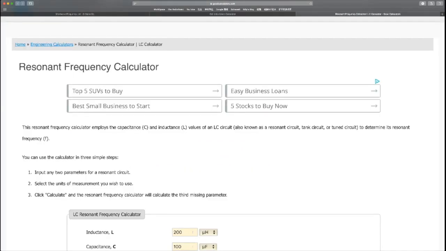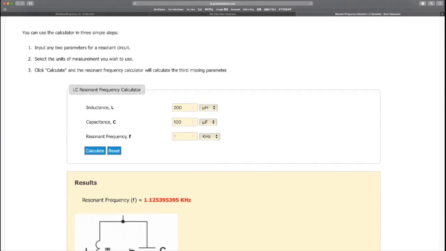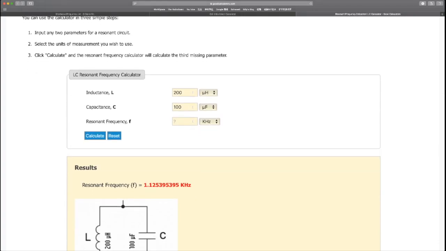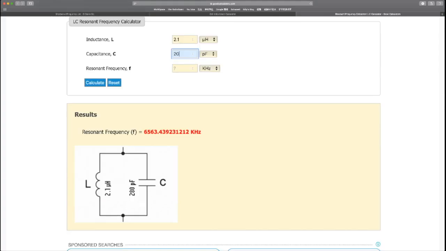We'll use this figure in this other website where we can input the inductance of the coil, 2.1 microhenry, and then put in our lowest capacitance of the variable gap, 20 pF, to calculate the highest frequency of the tuned circuit, which is 24,000 kHz, so around 24 MHz.